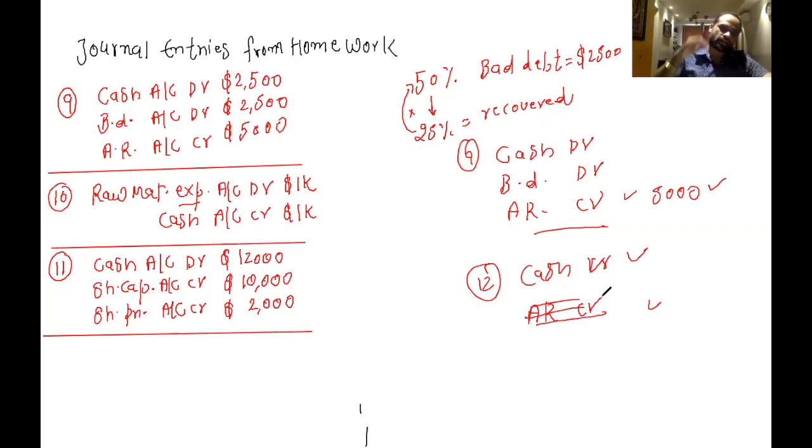So what is credit? I think it is cash debit and income. Why income? Income means revenue. Revenue was already credited last time when you sold your product, maybe number 8.